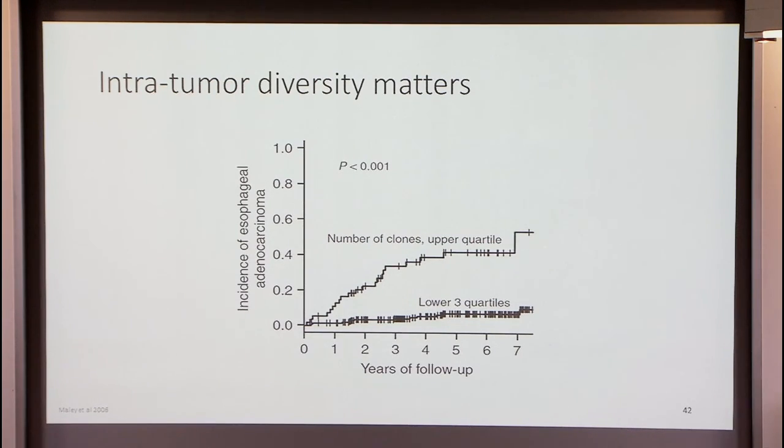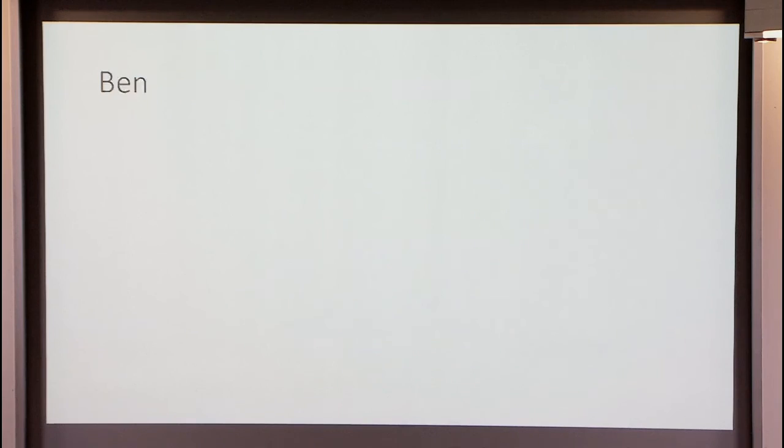Here is the patient group with a large number of clones, so a lot of diversity, and here is the group with fewer clones, so less diversity. The higher the diversity, the more likely it was for the tumor to progress and become a carcinoma, an invasive tumor at the end of the day. So there are many reasons why we're interested in diversity. One is that it's a prognostic marker in itself, even without understanding the individual variants. Just knowing how many different ones there are is informative.